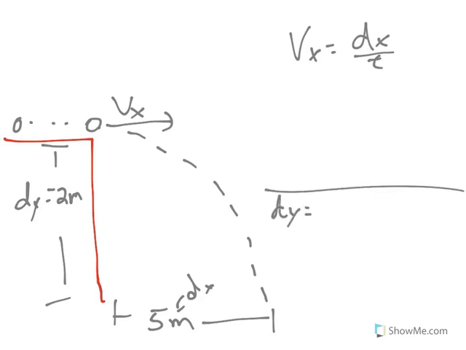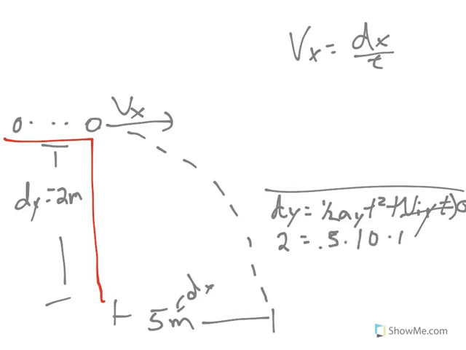dy equals 1/2 ay t squared plus viy t. Alright, what is the initial velocity in the y going to be if it's dropped off the desk like this? Well, there wouldn't be any initial velocity in the y, so that goes to 0. We don't have to worry about it. So we're left with 2 is equal to 0.5 times 10 times t squared, and we're solving for t.